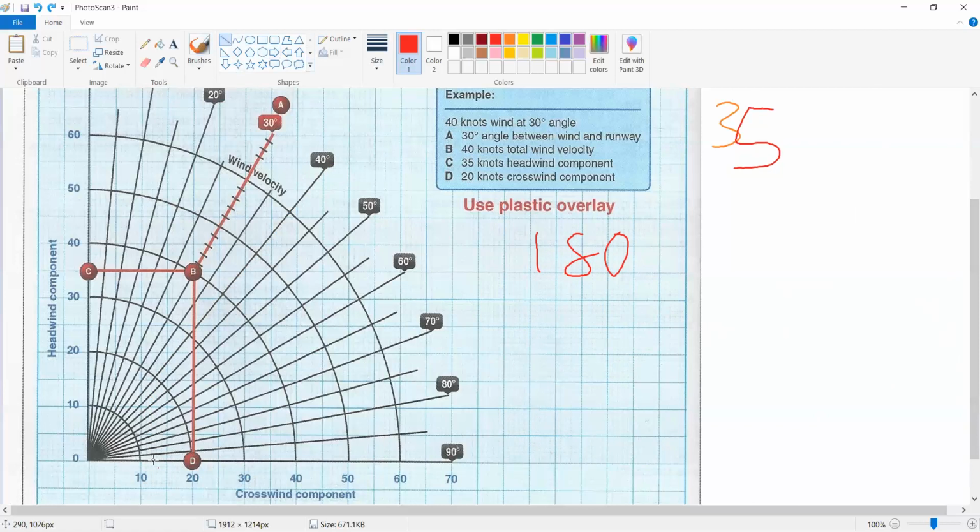So 13 knots, this is 15 here. So 13 will be roughly here. Okay, so let's go up to 20. That's interesting, 20 lands us right back at 40. And then come down here.